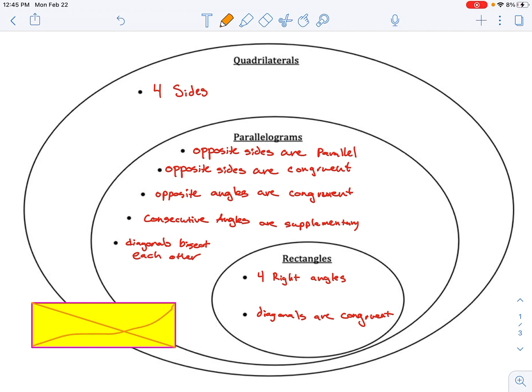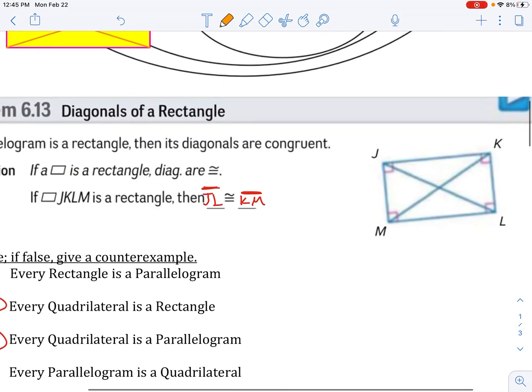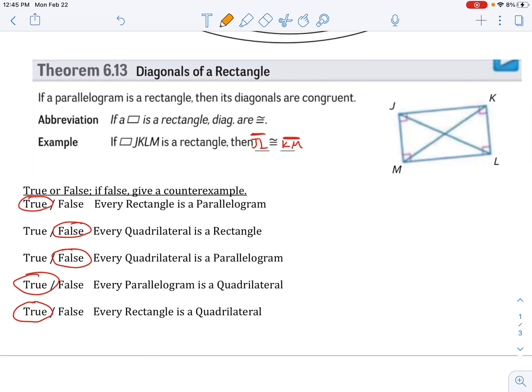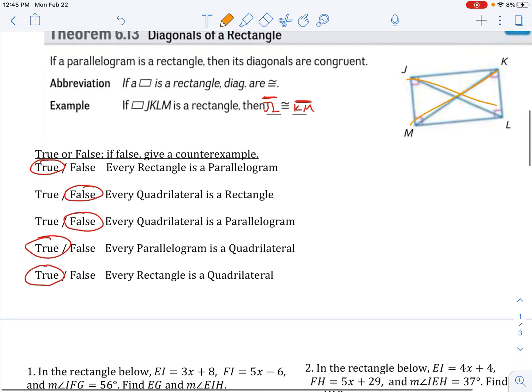There's one of them. There's my other one. Those 2 lines are exactly the same length, and that's what that's saying. Diagonals are congruent on a rectangle. And that is our new theorem. So yeah, I basically just explained it there, but KM and JL are exactly the same size.